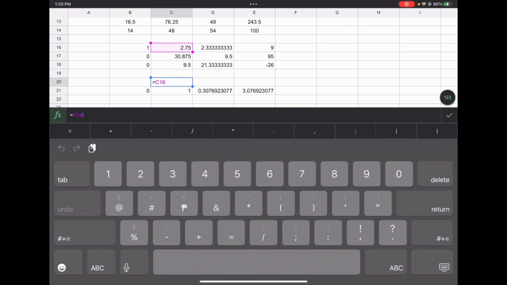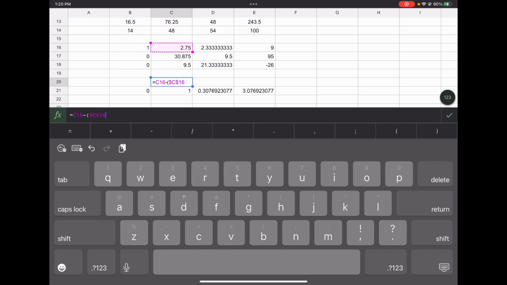Then we subtract the same row, but we fix 2.75 to be constant, and then we multiply it with our pivot element. And return. So that is 0.